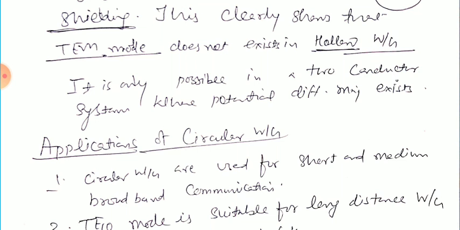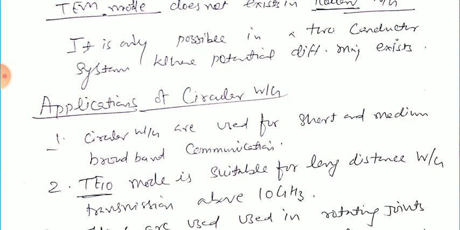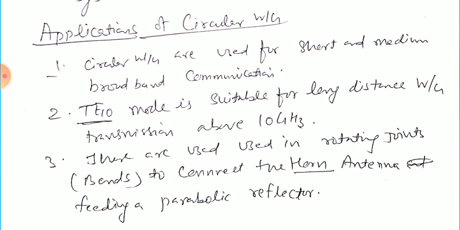Now, if you want a long distance communication system, then we use a frequency of about 10 gigahertz, using the TE10 mode. The second application is that the TE10 mode is suitable for long distance waveguide transmission above 10 gigahertz.